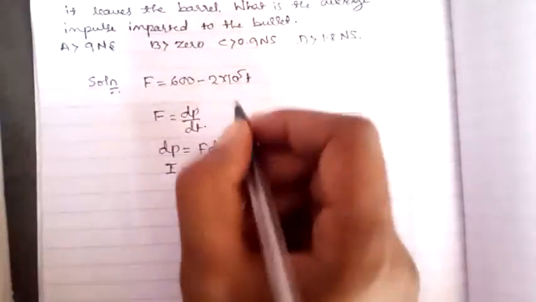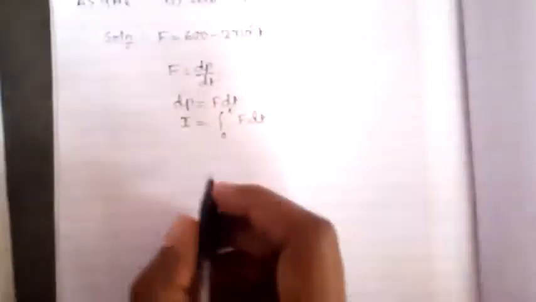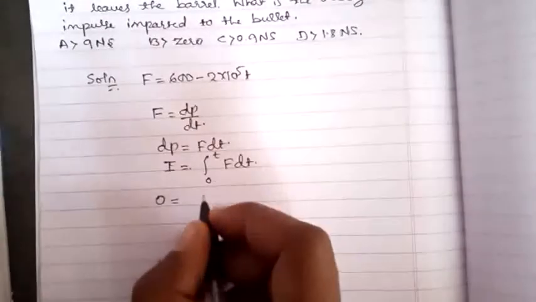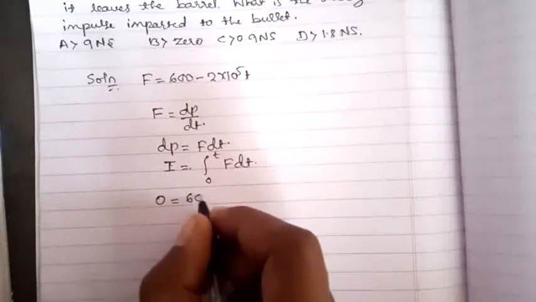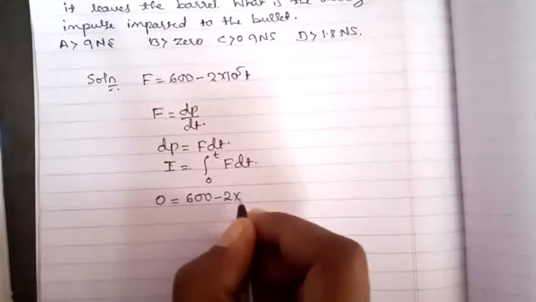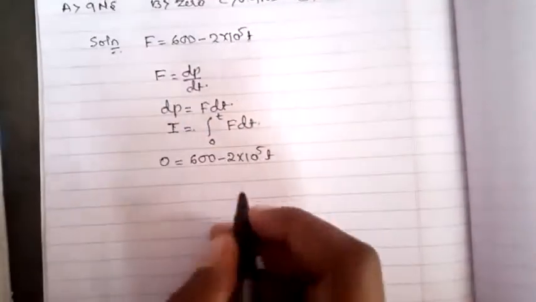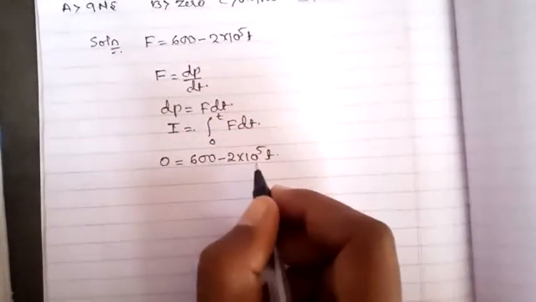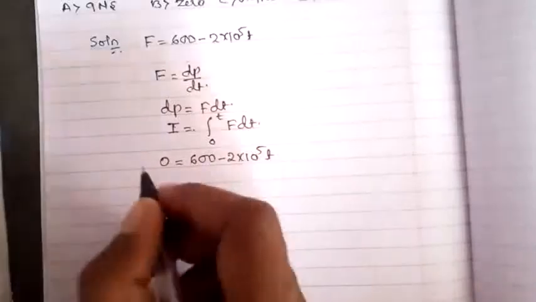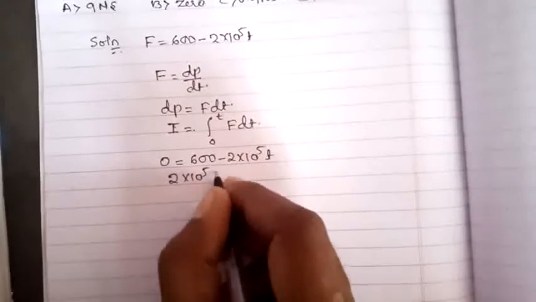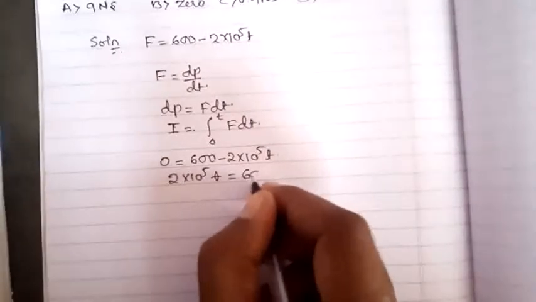How to find the time here? As the bullet leaves the barrel, the force acting on the bullet becomes 0. Then 0 is equal to 600 minus 2 into 10 to the power of 5 t, where t is the time taken. Now I will take minus 2 into 10 to the power of 5 into t to the left-hand side, that becomes plus 2 into 10 to the power of 5 into t is equal to 600.